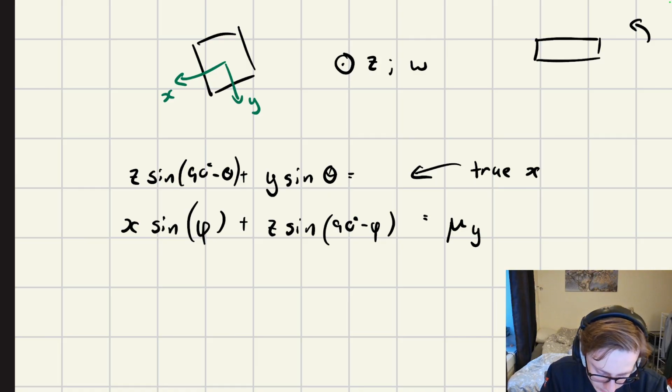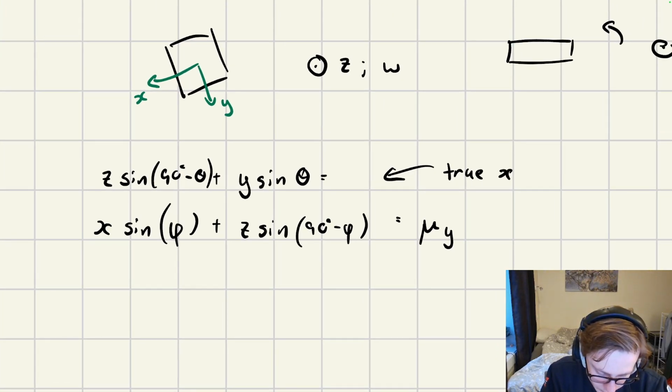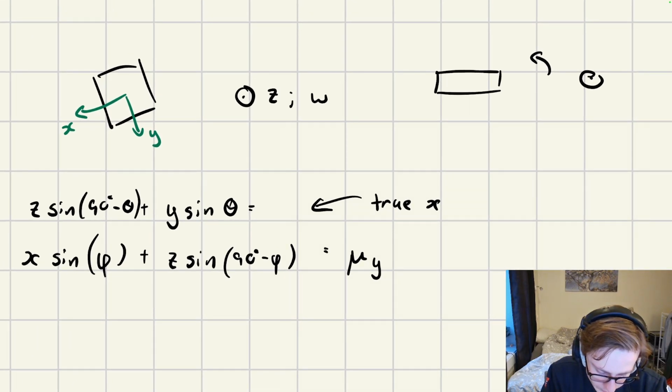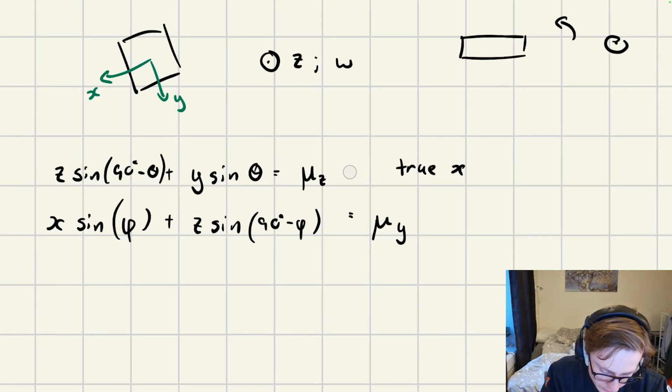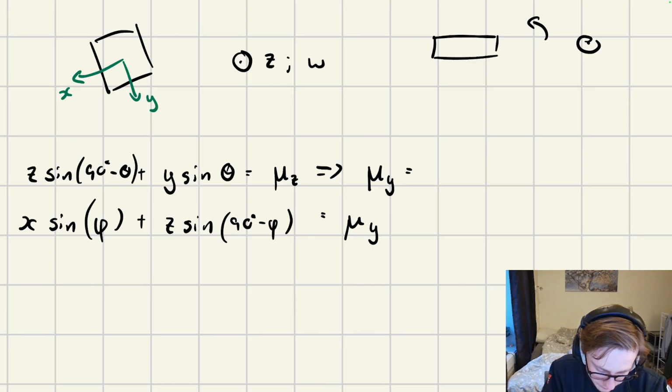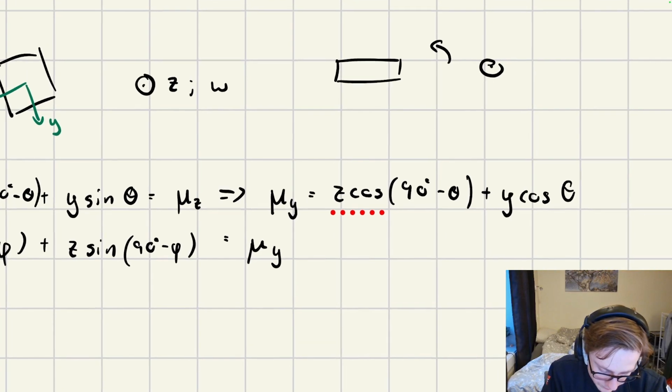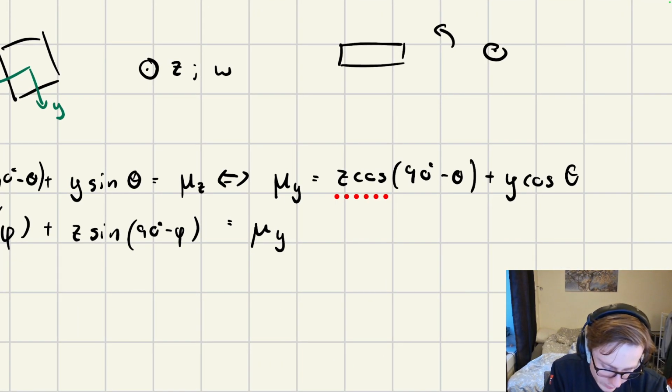For this one, we found our true set, which implies that our true y is set cosine 90 minus theta plus y cosine theta, I think. This seems way more correct. Yeah, I think this is correct. Okay.